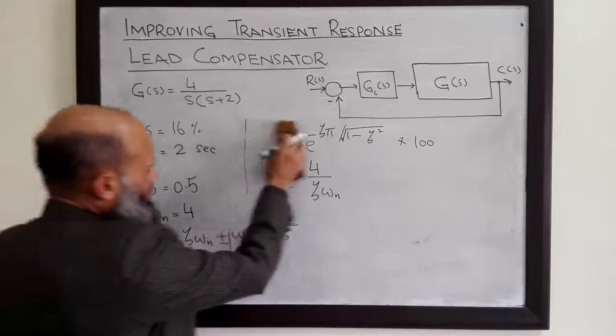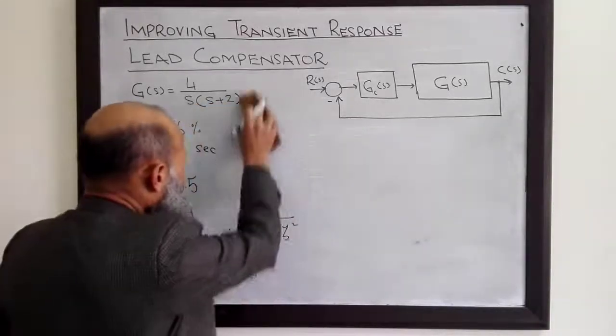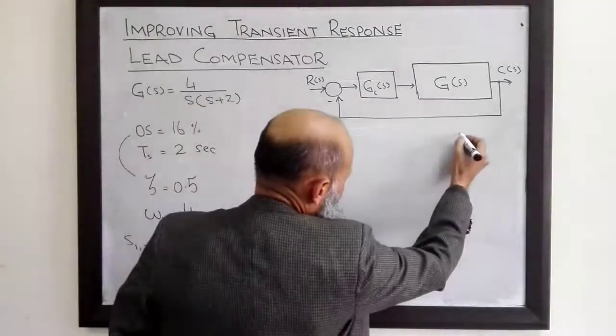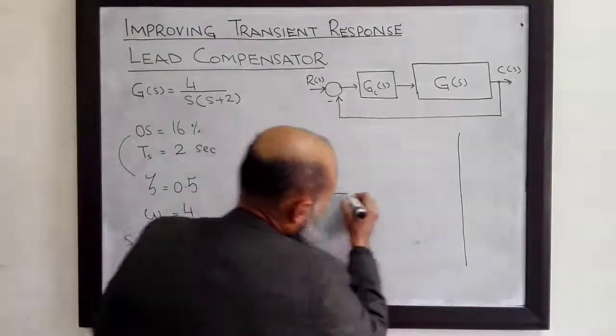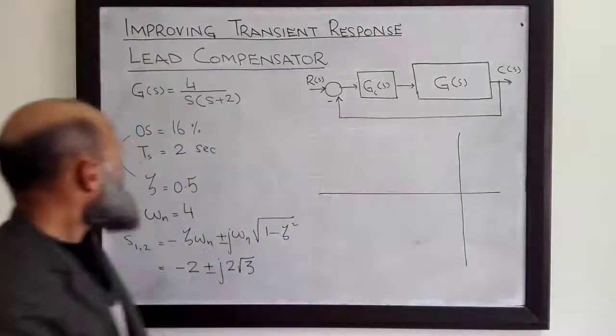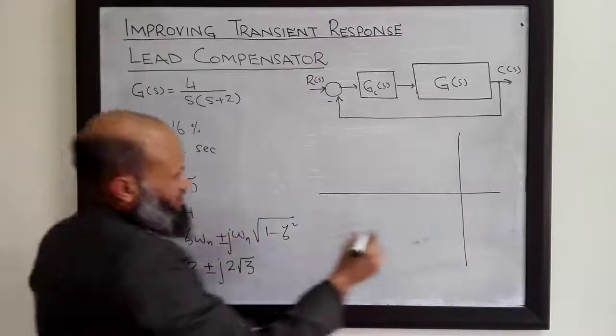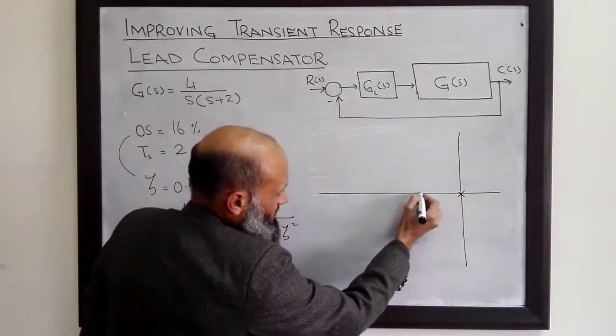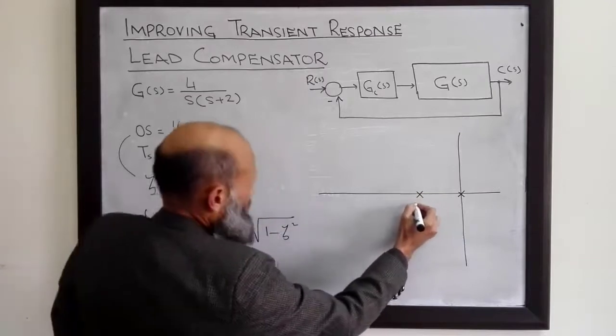So let's first sketch the root locus for the original system. Root locus can be easily sketched. We have the S-plane, and one pole is at origin, another pole is at S equal to minus 2.